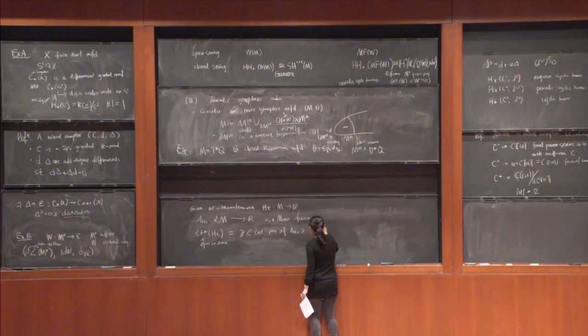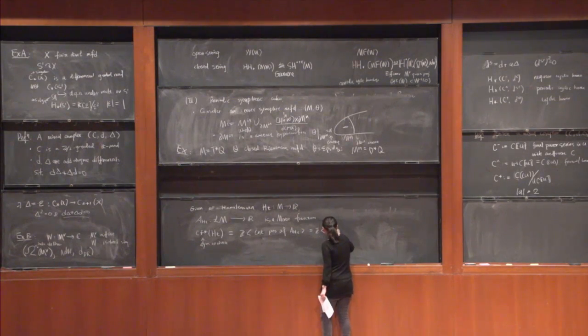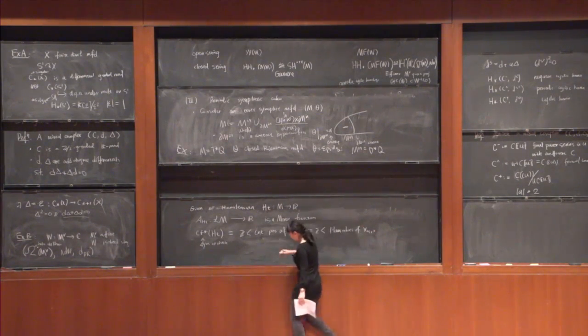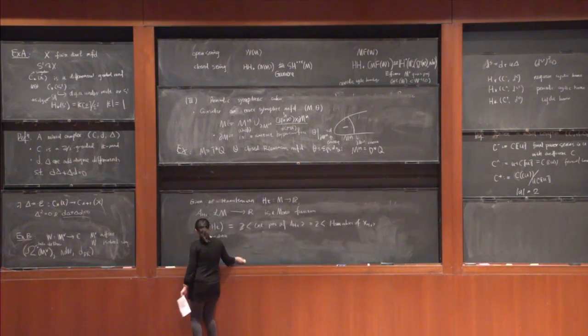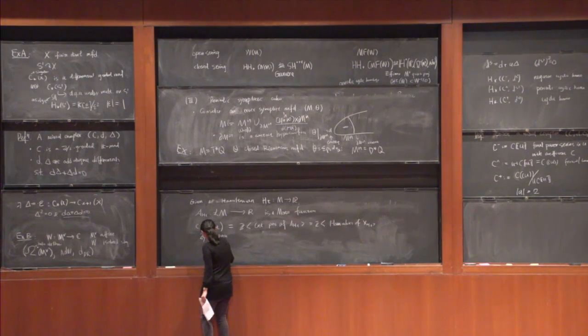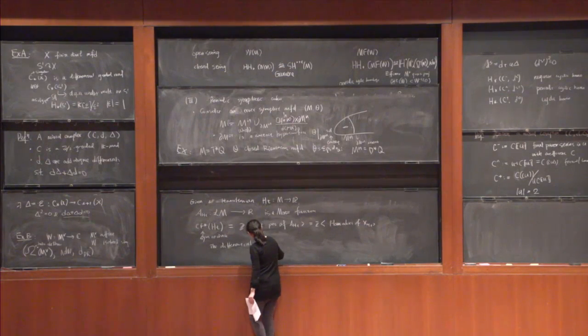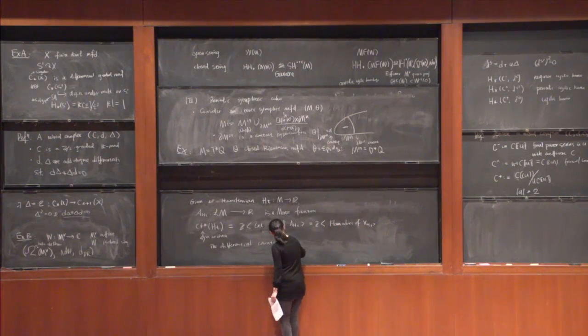Really, in this case, you can check this is identified to Hamiltonian orbits of X_H. And then the differential just counts flow trajectories of this kind.